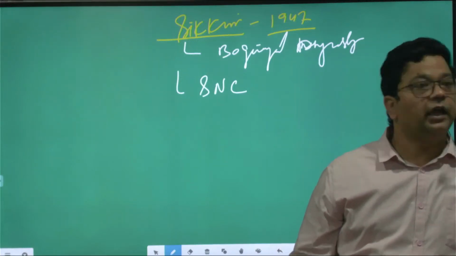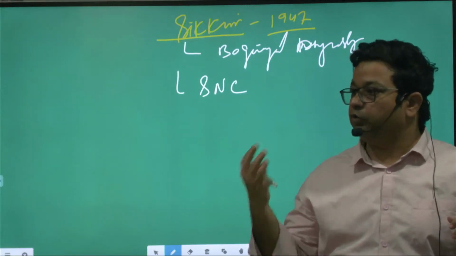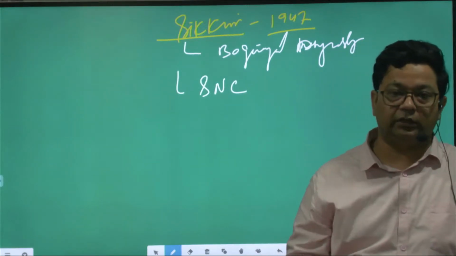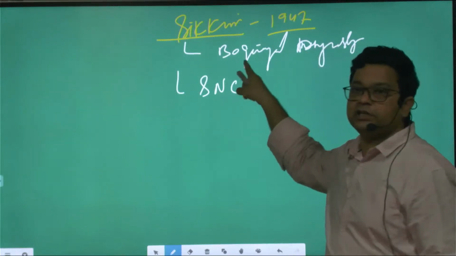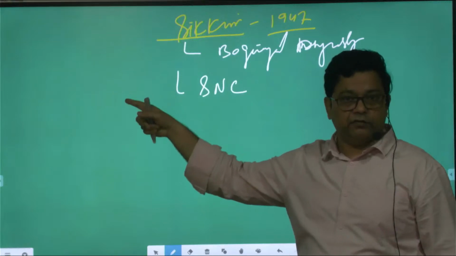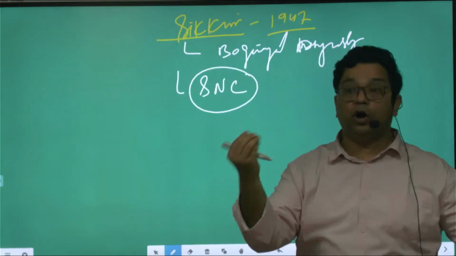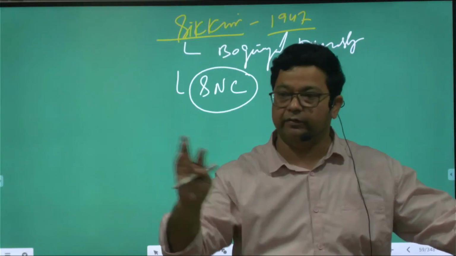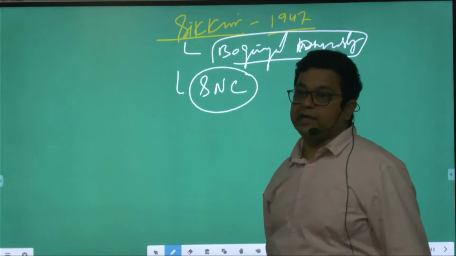So they decided that on the line of the Indian National Congress, INC, we should also have an SNC, Sikkim National Congress. When the Britishers left Sikkim in 1947, they decided that Sikkim should be merged into India. But this Bogyal king is against it.